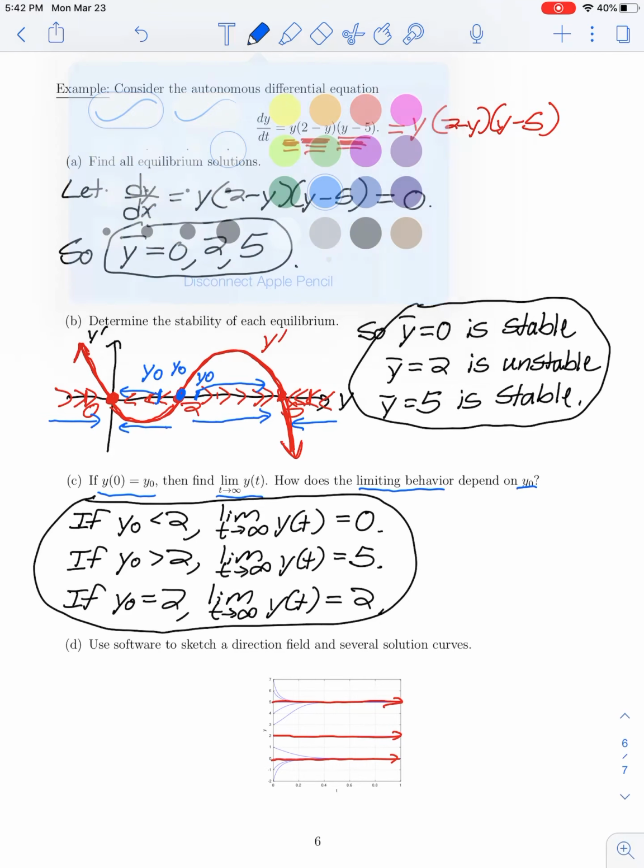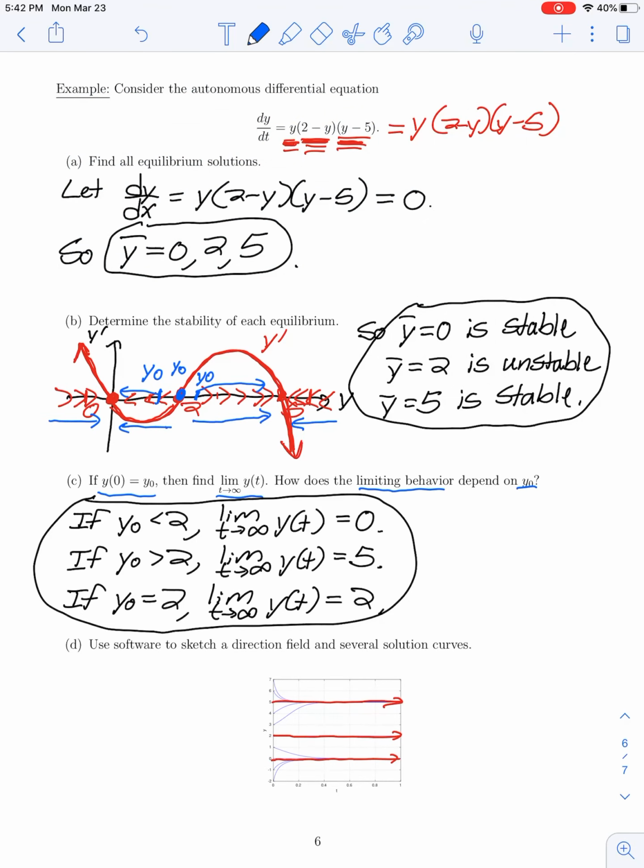And for any solution which started above 2, our solution curves tend to be closing in on 5, whereas for any solution that started below 2, our solutions tend to be moving towards 0. So we can sort of verify the work that we did in the first few parts of this problem.